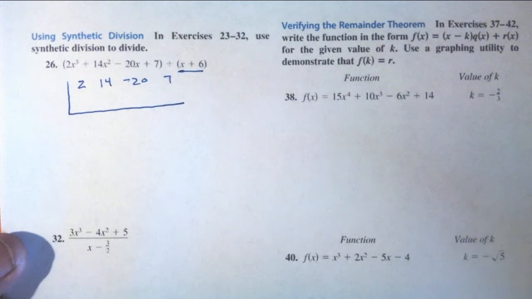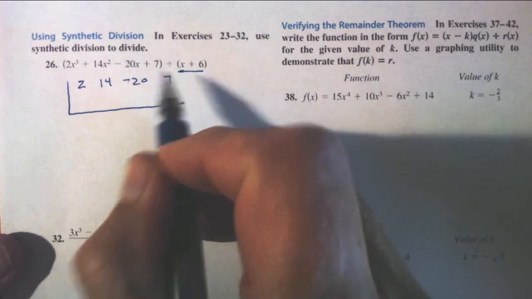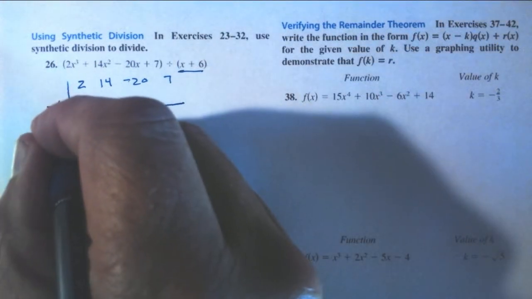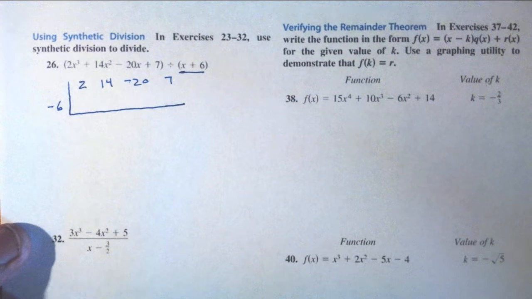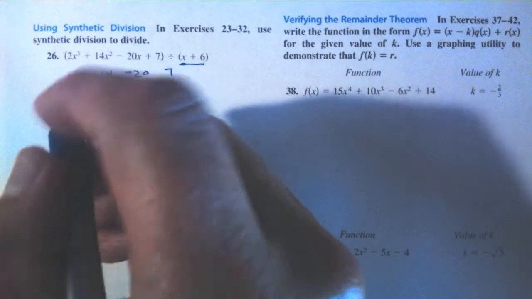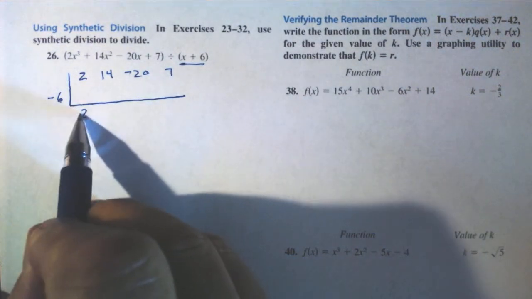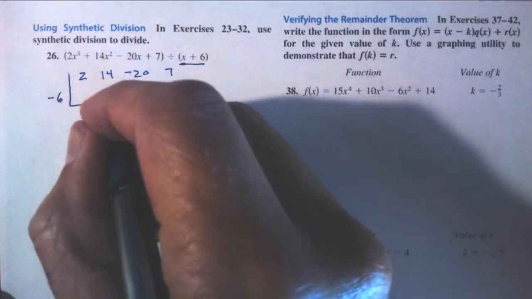And what we synthetically divide through here is the x plus 6. Negative 6 is what I'm going to synthetically divide through here. And here's how this works. First time viewing for some of you, review for most of you. I just bring the 2 down. I multiply these 2 together, negative 12, and represent it right here.